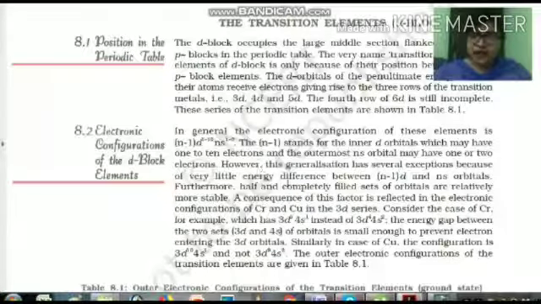As we know, there is very little energy difference between the (n-1)d and ns orbitals. However, this generalization has several exceptions because of this very little energy difference.